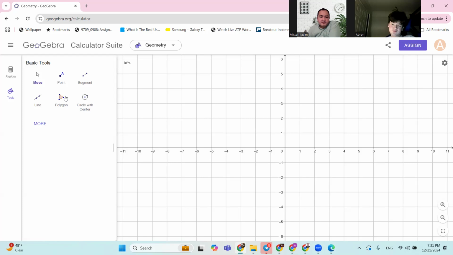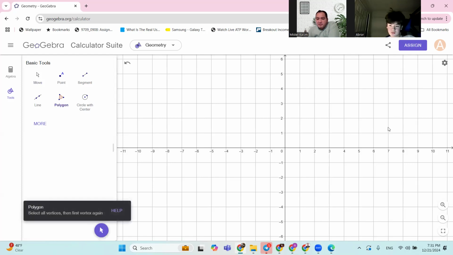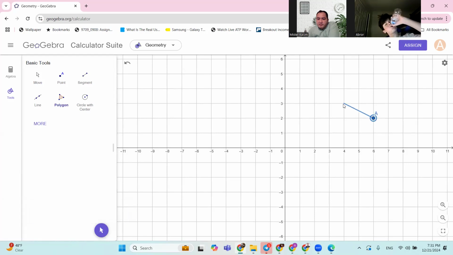Okay, like, for example, a triangle, let's say, is given here: this, this, and this, and this one. I want to rotate this 90 degrees anti-clockwise.